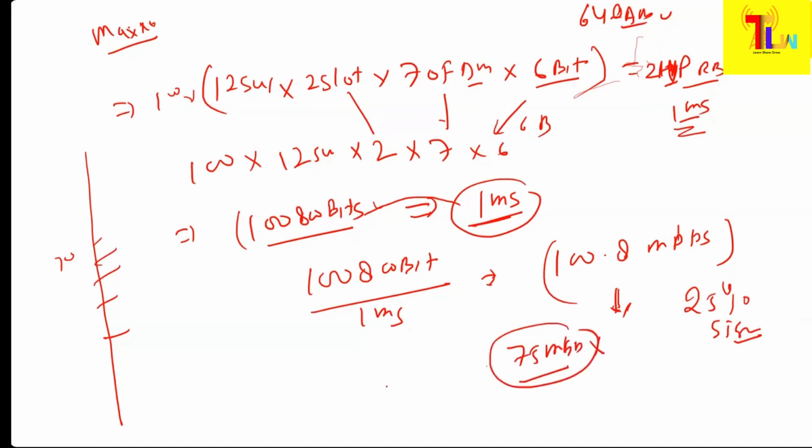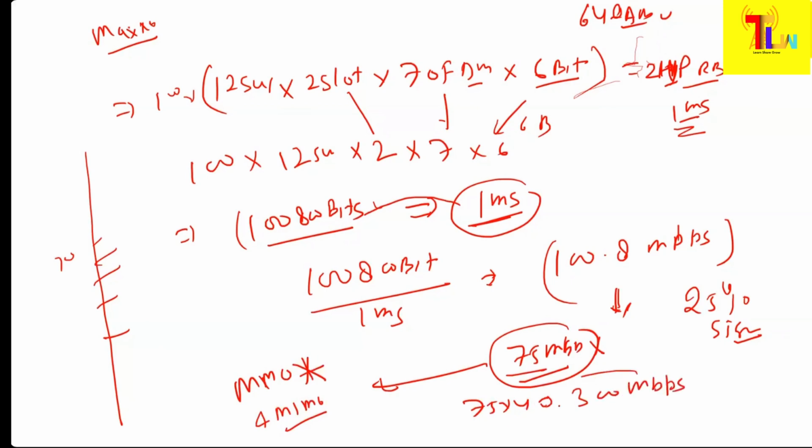But this is in case when there is no MIMO and a single user. In case of 4 MIMO, we can multiply 75 by 4, which will be around 300 mbps.